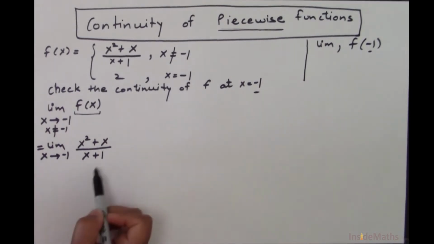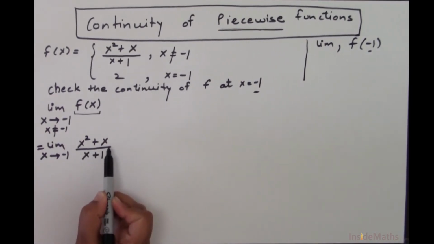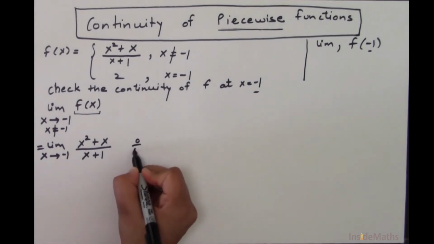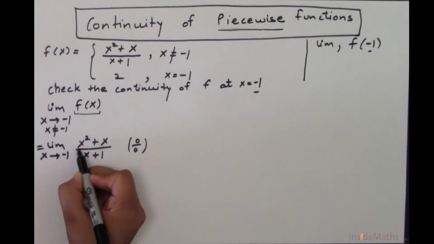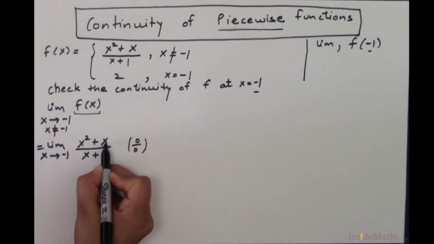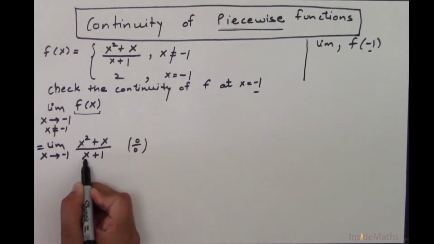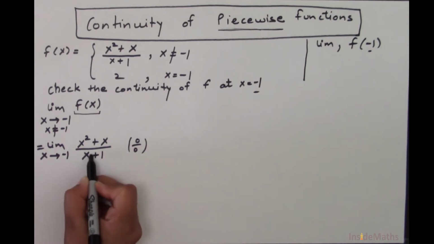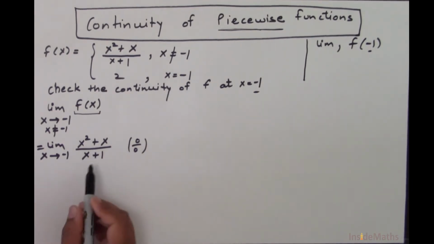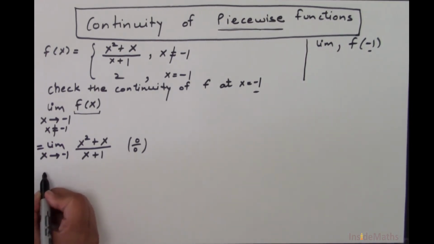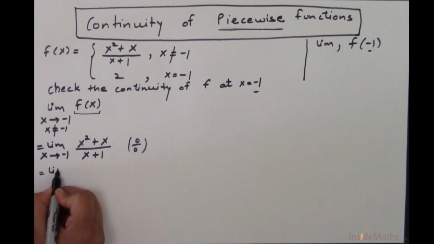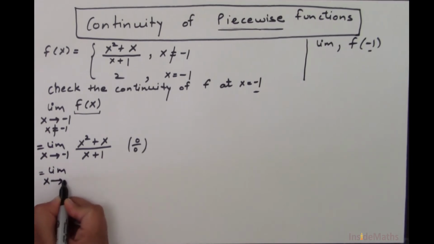Now here if I use the direct substitution method, I get 0 over 0 form. As you put -1 at the place of x, this is +1, -1, 0, and in denominator also if you put -1 at the place of x, you get 0. So here the direct substitution method fails. So I'll try to simplify the function.